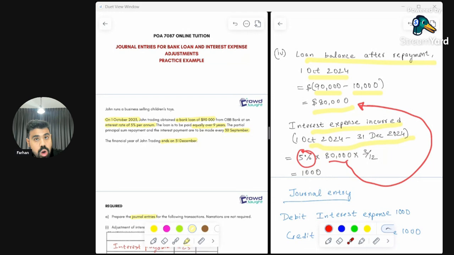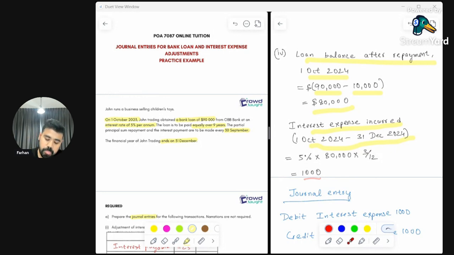So we are starting 1 October 2024 with a loan balance of 80,000. And then in this case, we're multiplying with 3 over 12 because we're referring to the 3 months of October, November, and December, which basically takes care of the adjustment necessary for the 5% annual rate. So that gives us an interest expense of $1,000 for the 3 months of October, November, and December combined.